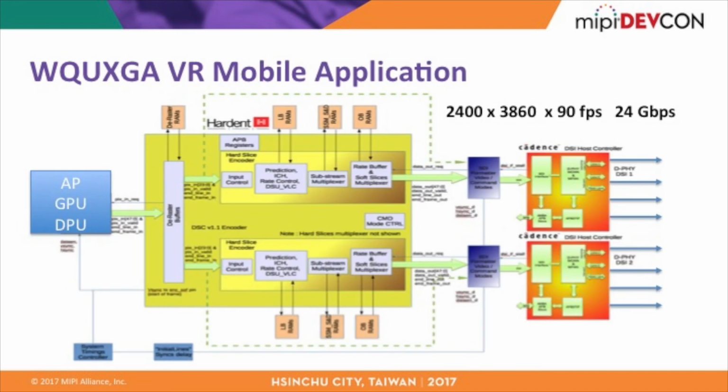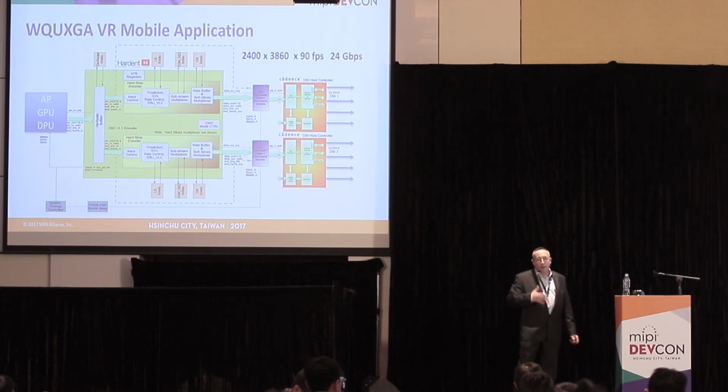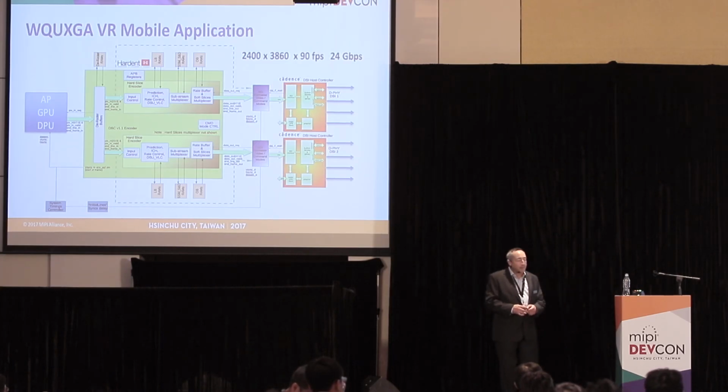And if you're trying to run at a higher spatial resolution and frame rate, say like 4K 90 frames per second, you're looking at 24 gigabit per second, then we'd end up using two adjacent encoders interconnected to two MIPI DSI controllers with a total of eight DSI lanes. So there's a lot of different permutations.